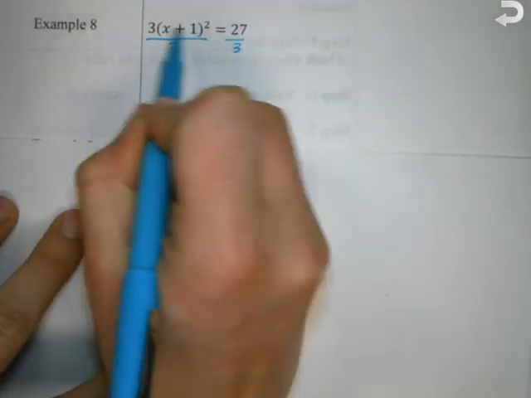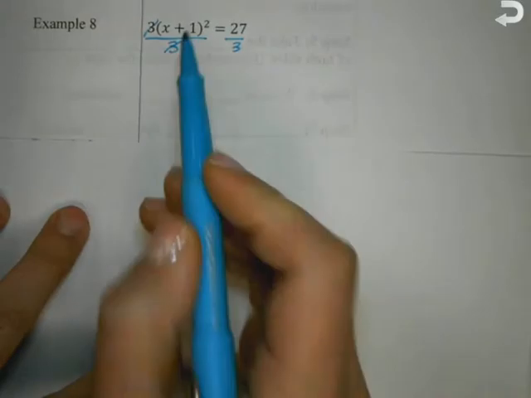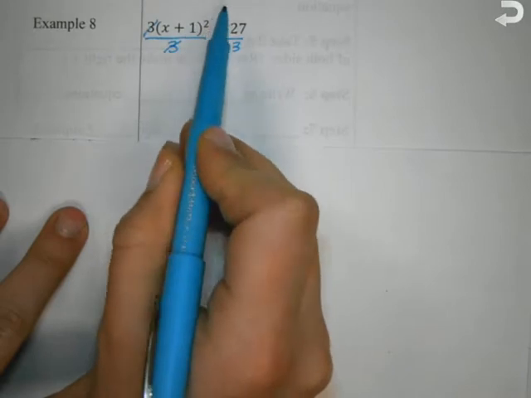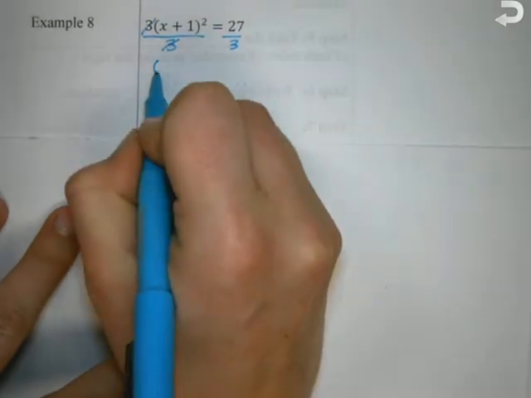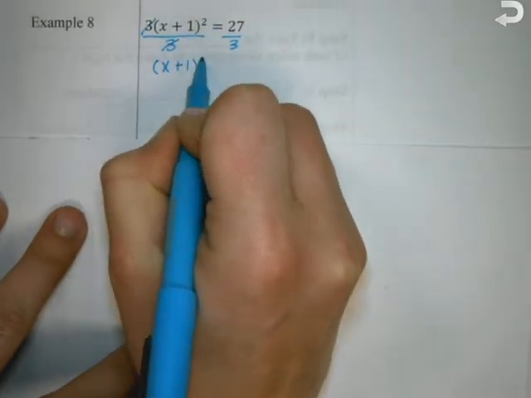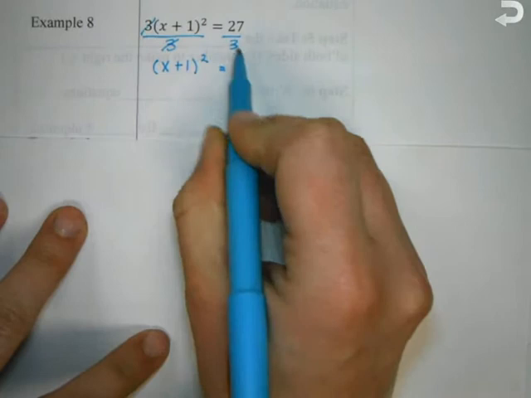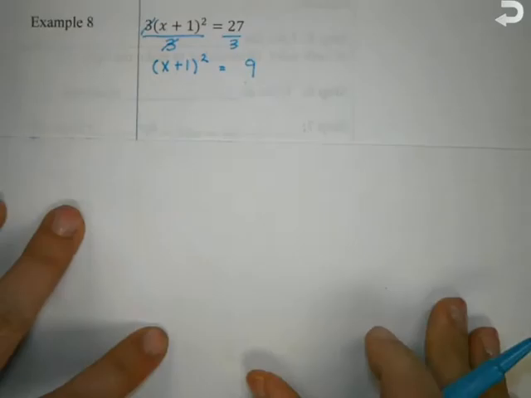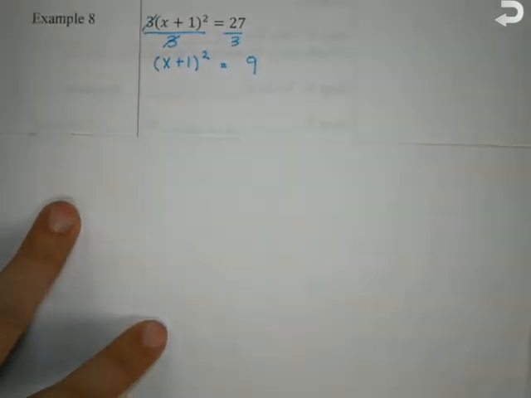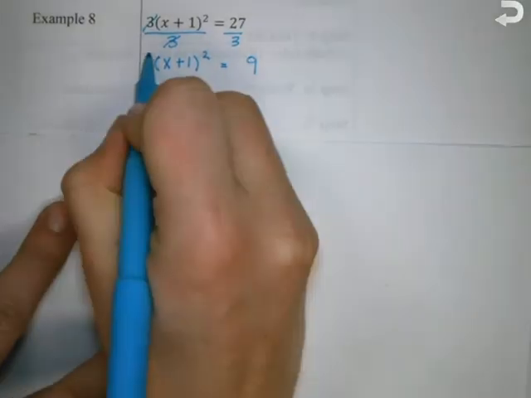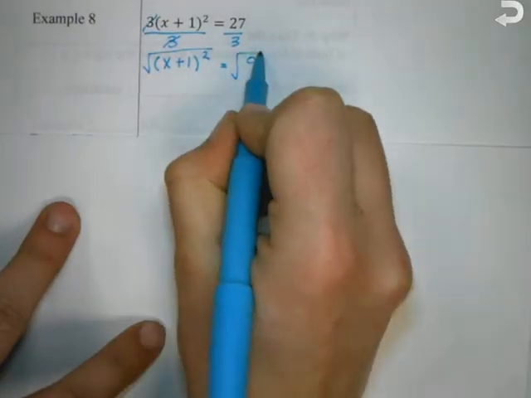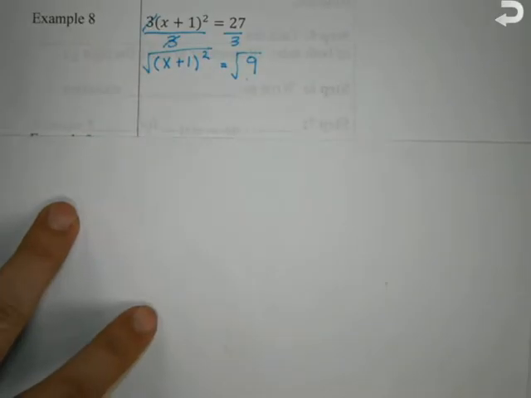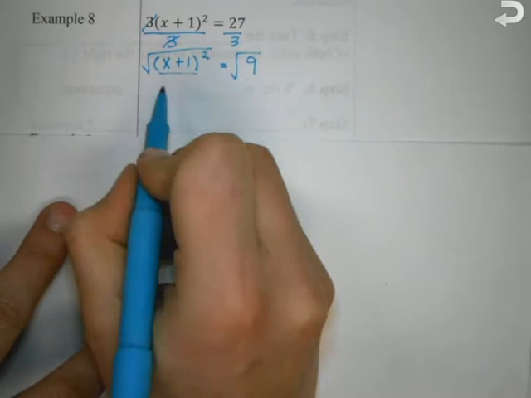So this is x plus 1 squared equals 27 divided by 3? 9. Now is the squared term by itself? Yes, so let's take the square root. So my answer is just what's inside the parentheses, x plus 1, equals square root of 9. 3. Plus or minus 3.